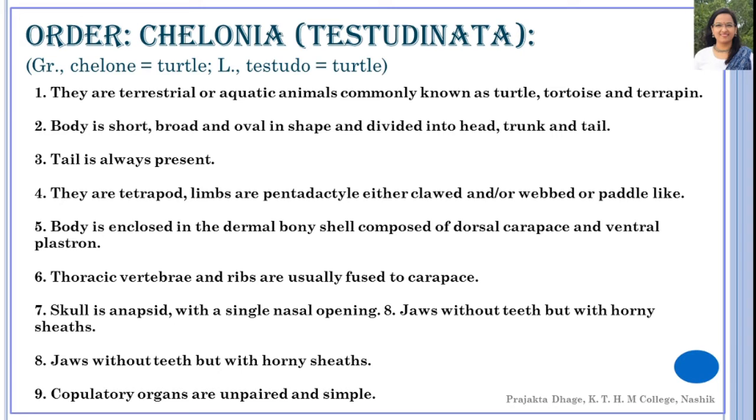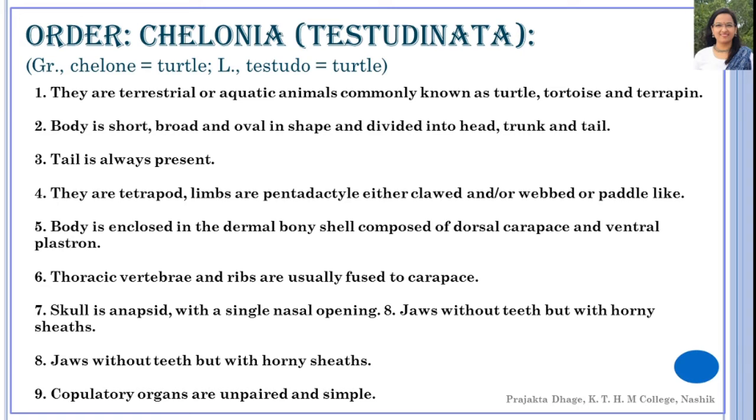Nasal opening is single at the frontal end of the snout. These organisms are tetrapods. They have pentadactyl limbs that are clawed, walking limbs, and webbed paddles will be present.